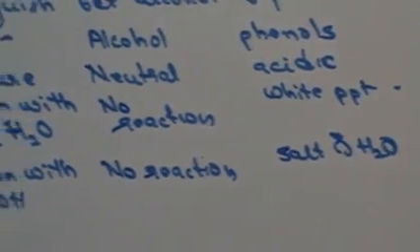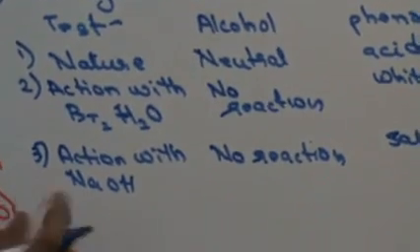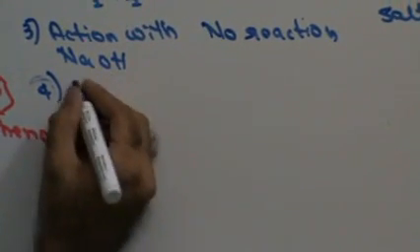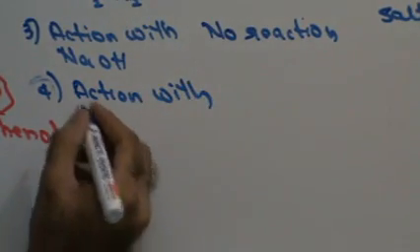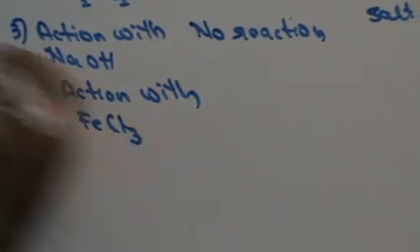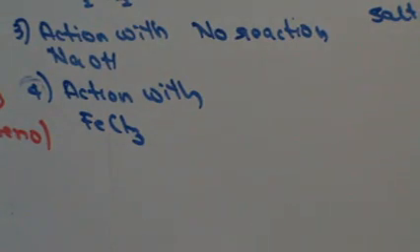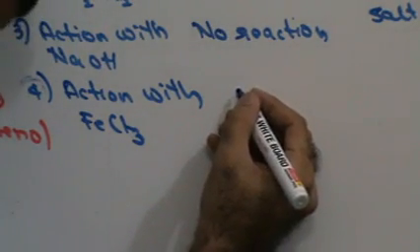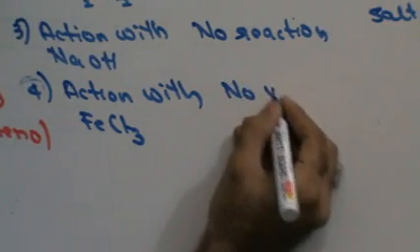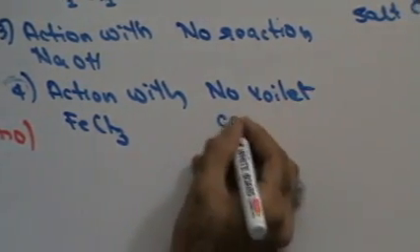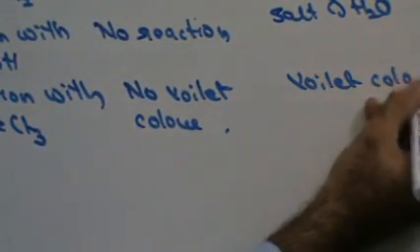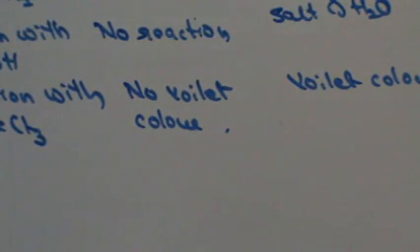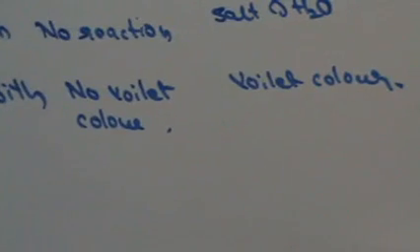Next, reaction with ferric chloride. Alcohols will not give any color change, no violet color. Here you get violet color. This is because of the formation of ferric phenoxide.